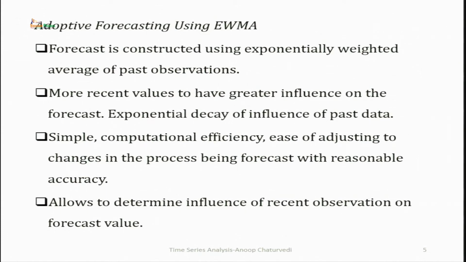We can use this approach for forecasting purposes also. So, now we come to adaptive forecasting using exponentially weighted moving average. We construct the forecast using an exponentially weighted average of past observations.